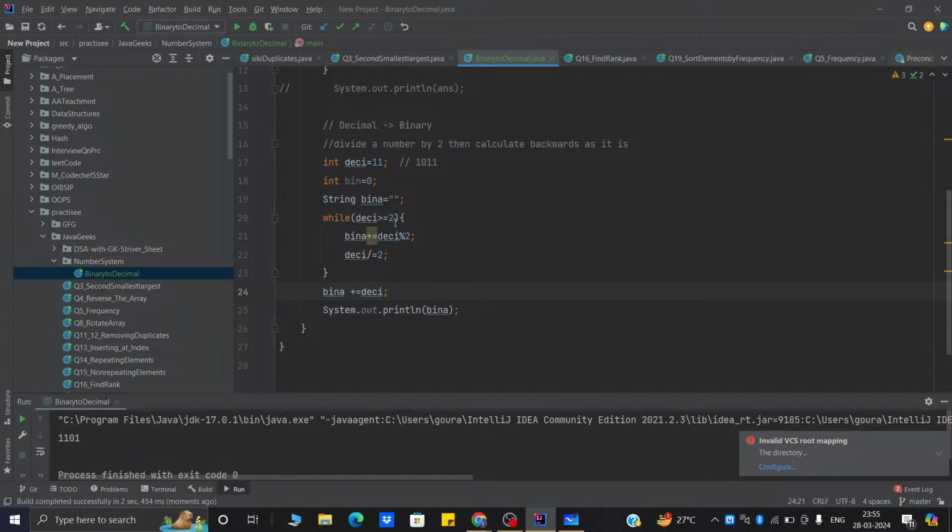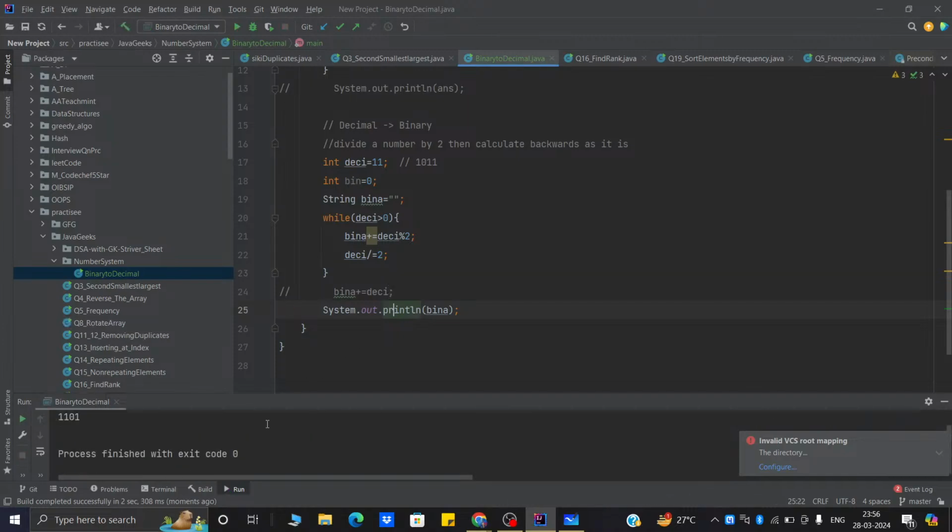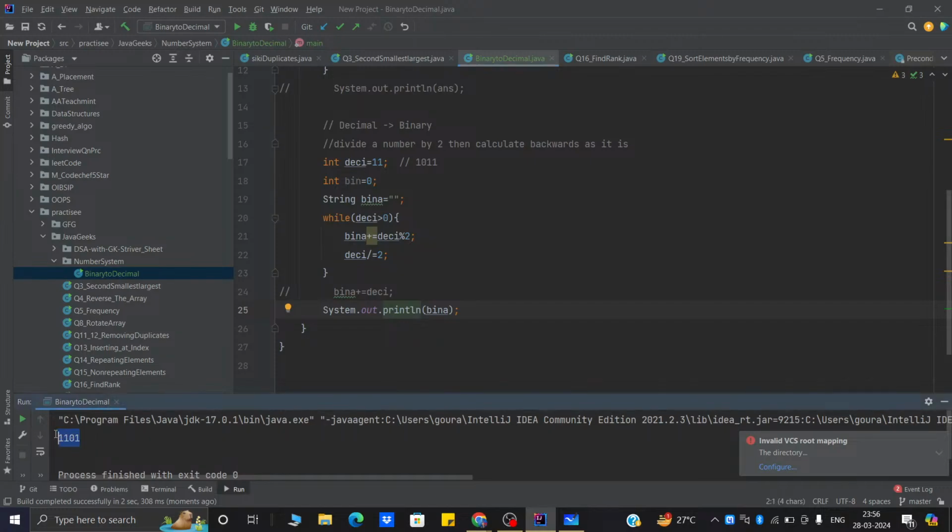It's okay, like I divided until 2, and if the remainder is greater than 0, it will work also, but it is also okay. I added it extra. Greater than 0, it will work. Yeah, so it is 1101, not 1011.